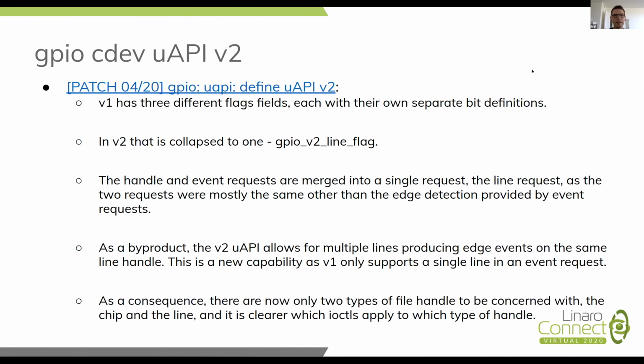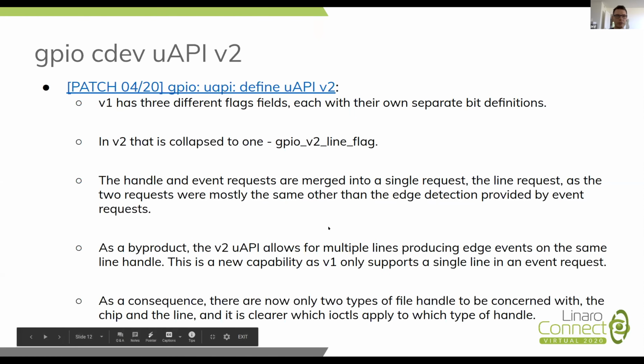In the package there are some user space tools, and this library has a test suite based around a kernel module called GPIO mockup, which allows us to create simulated GPIO chips and test both the library and the user API. We've actually found a couple of bugs with this testing tool, so it's quite useful.